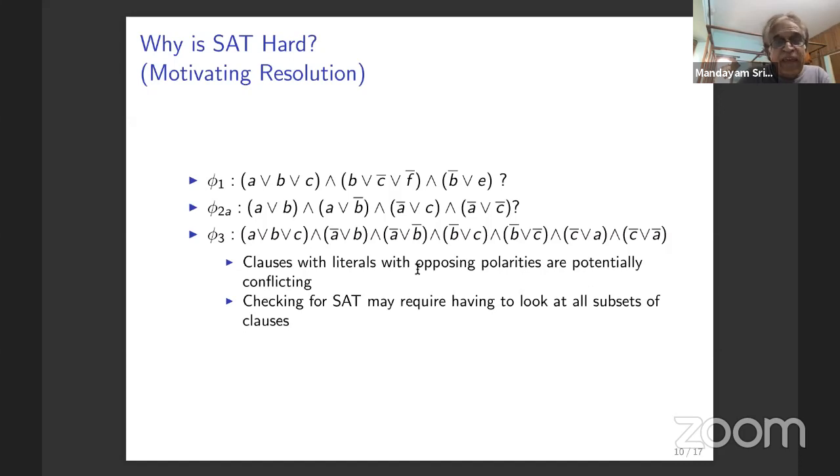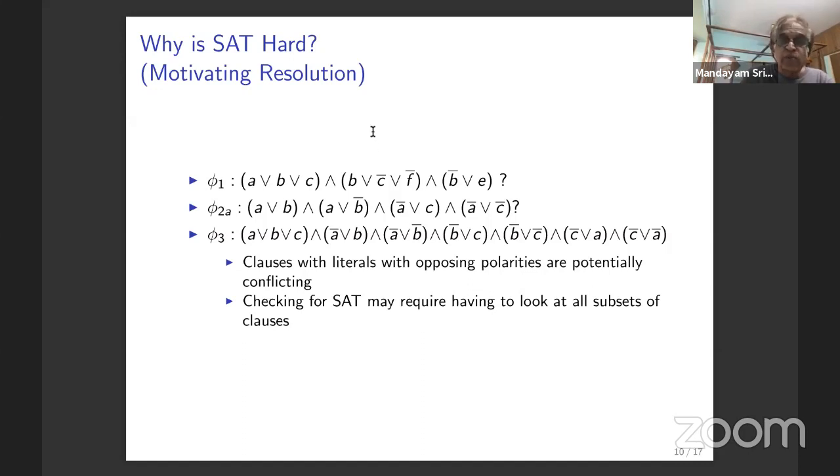This searching and looking for literals with opposing polarities is a way to actually use as a basis for checking if something is unsatisfiable or not.